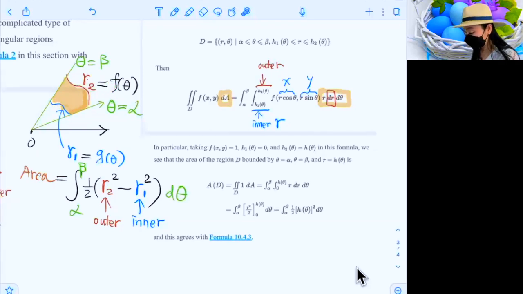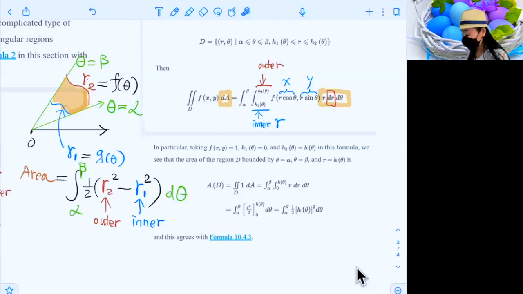So if I change this to h1 of theta and this one here to h2 of theta, this is exactly the formula over here. r changes from this inner one to this outer one. And then what about theta? Theta here changes from alpha to beta, from a constant to a constant. So you can actually read this from the picture. You can set that up from the picture.